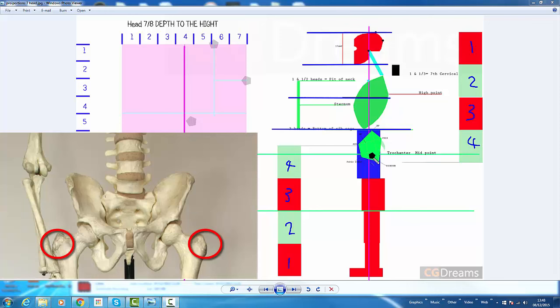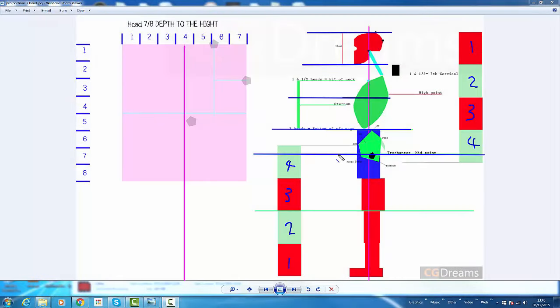So this is the widest point, called the greater trochanter. The greater trochanter, incidentally, lines up with the pubic bone, and I'm going to show you this on the sculpt in a minute, or the base mesh model in ZBrush. But this will give us a 3 3/4 down.